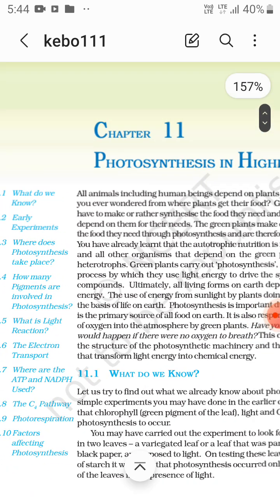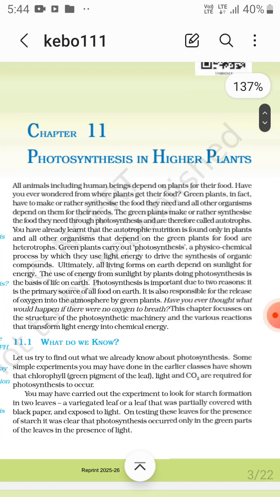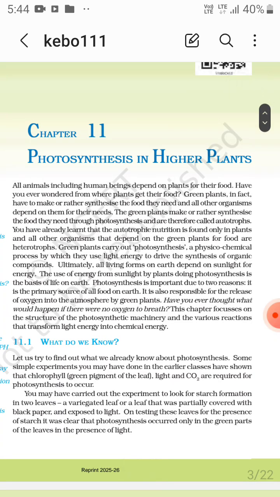Now, what do we know? All animals, including human beings, depend on plants for their food. Right?